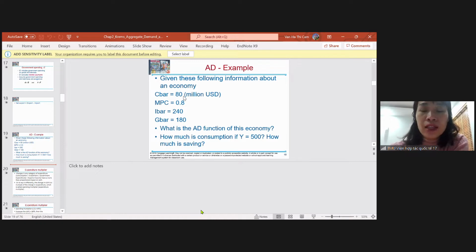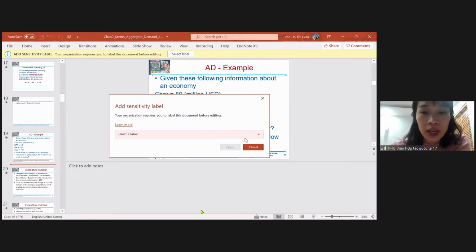Everything that you have to spend when you don't have any income is included in constant consumption, or C bar here. C bar means C with a bar at the top, as I was just lazy to insert the bar at the top, so I write C bar there. Hope you don't mind.